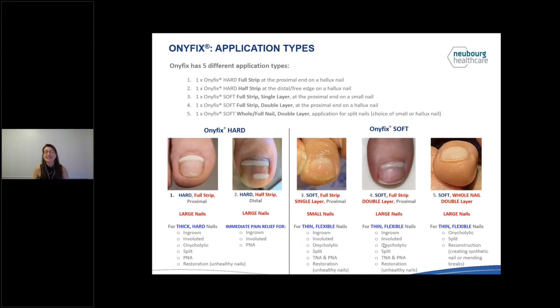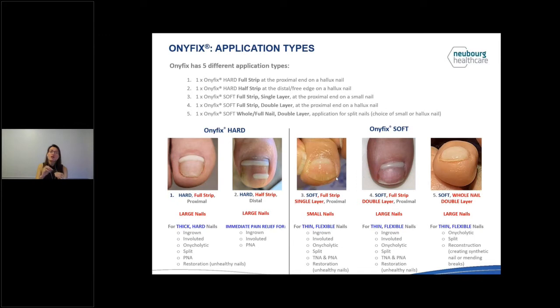Now, on the right-hand side, we have the Onyfix soft. These are your typical 3 applications that you would use the soft for. Like the hard, we've got a proximal full strip, but this one is a single layer of soft, rather than in the middle, where we have the double layer. The single layer is pretty intuitive.